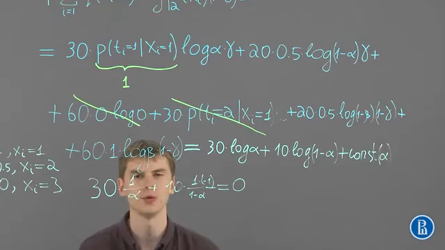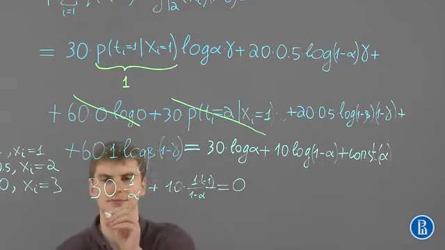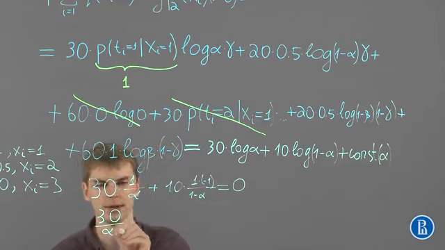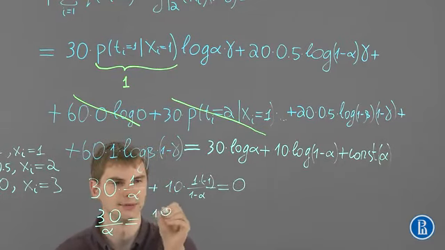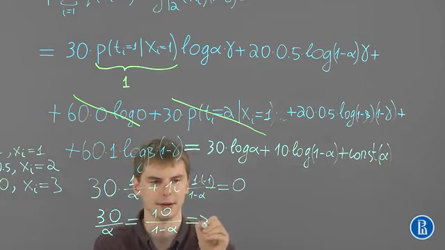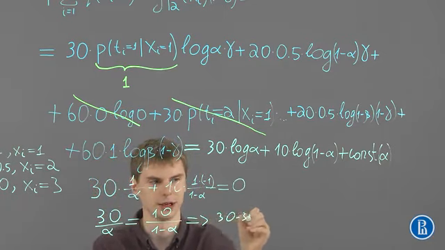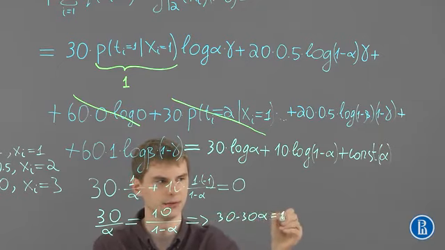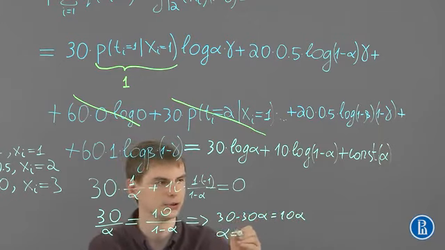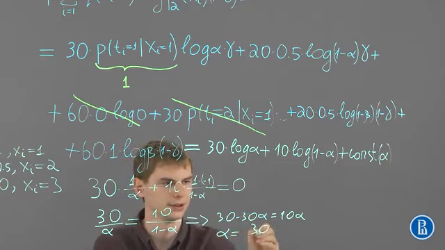And finally, we can solve this equation by just writing down this ratio. So 30 divided by alpha equals 10 divided by 1 minus alpha, and by multiplying each part by 1 minus alpha and alpha, we can get that 30 minus 30 alpha equals 10 alpha, which means that alpha equals 30 divided by 40.